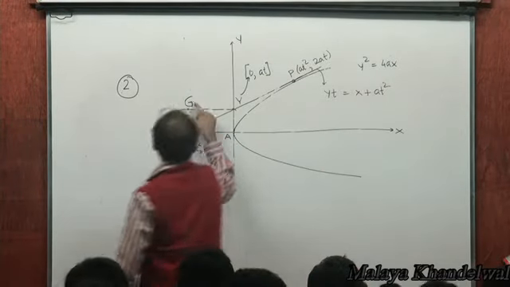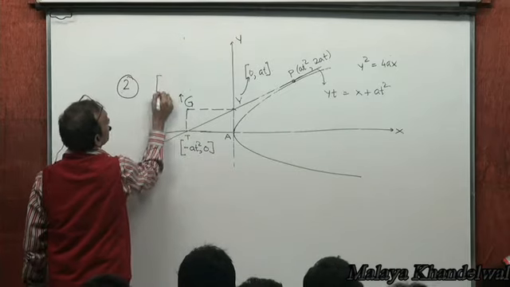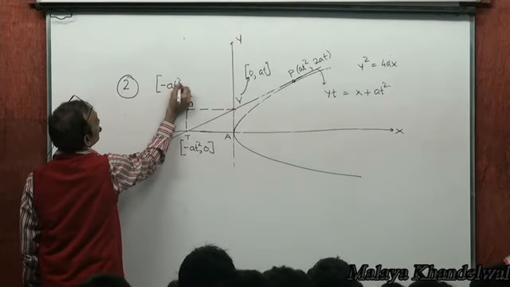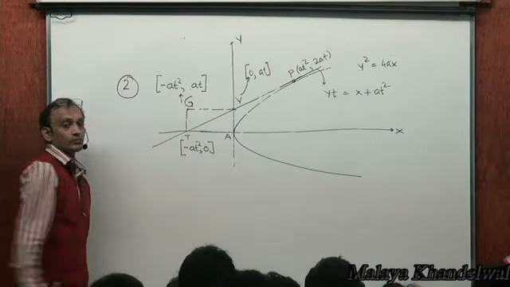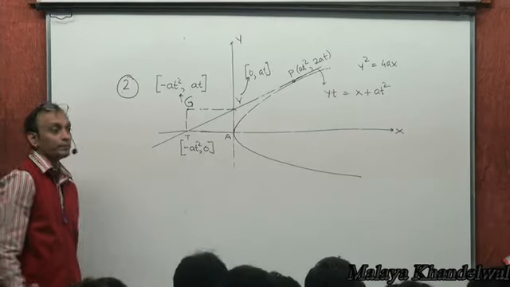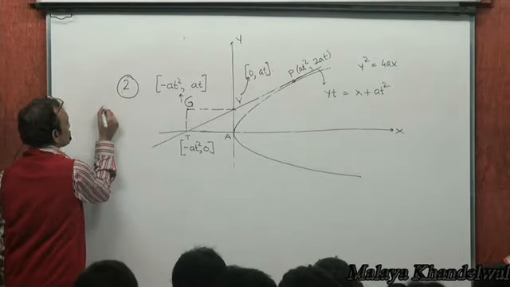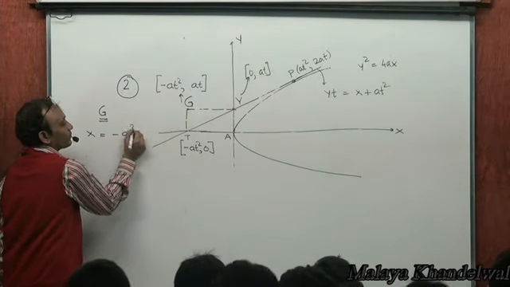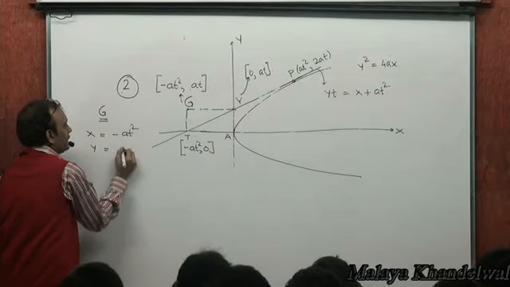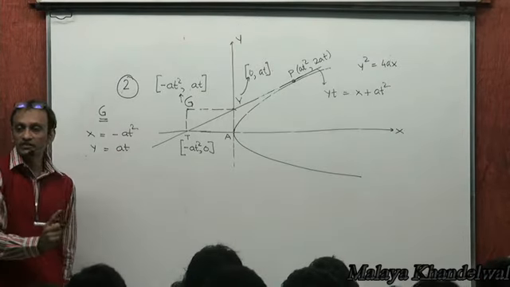Therefore G is going to be, x would be minus at squared, y would be at. So for G, the x coordinate would be minus at squared and the y coordinate would be at.